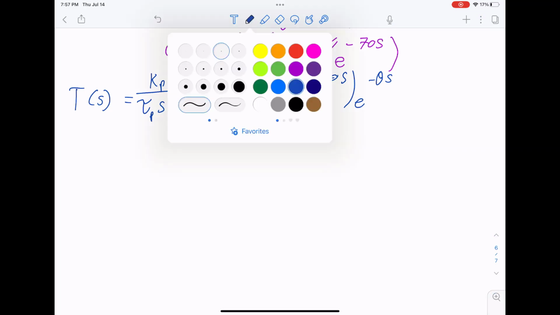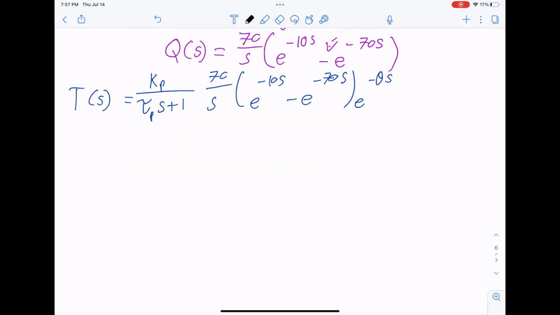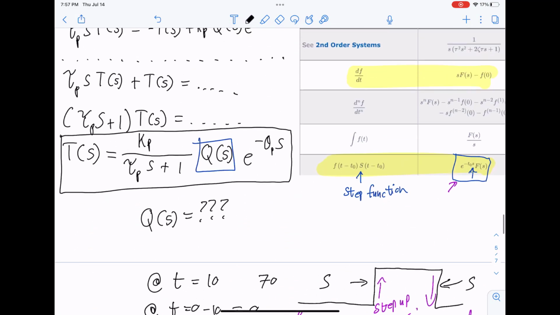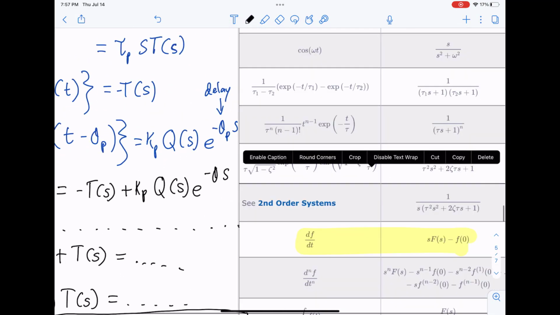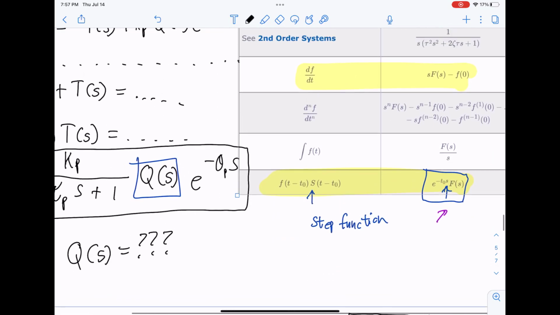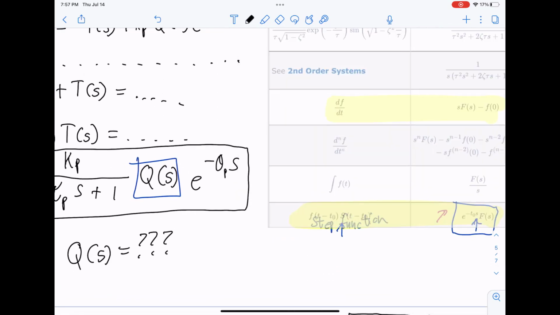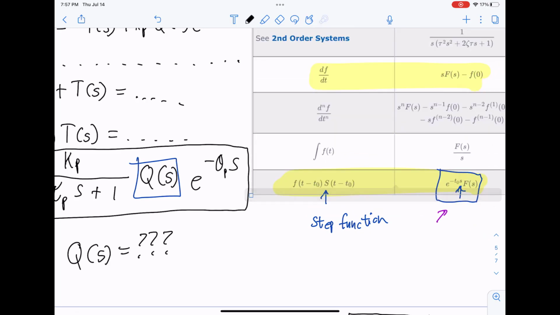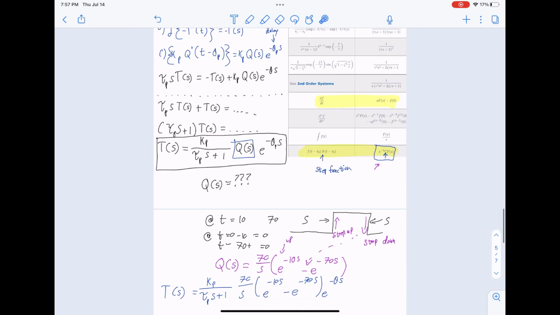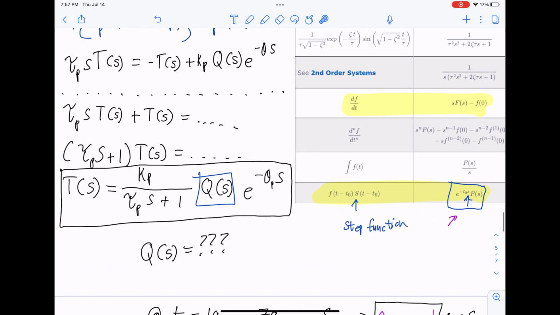So now let's think about how we can apply this to our system, how we can convert back. So let's look up here. We know that this term right here will be used because we have these step functions.